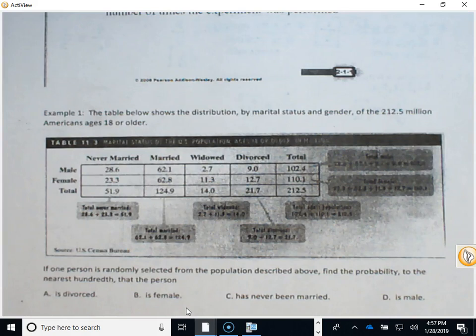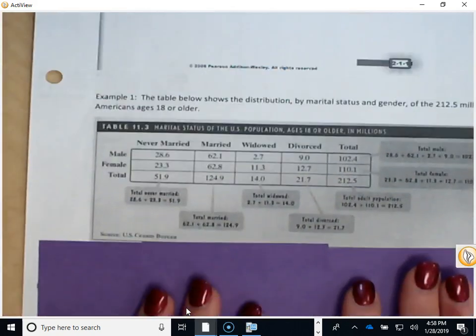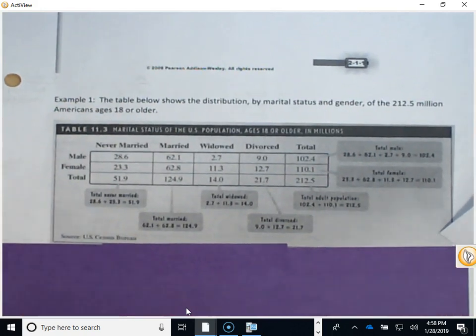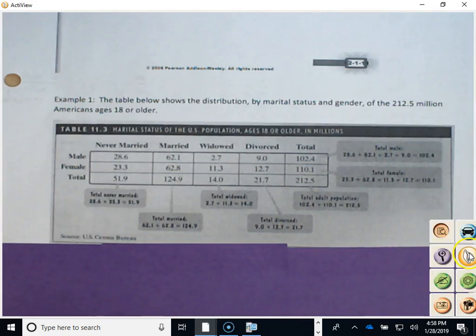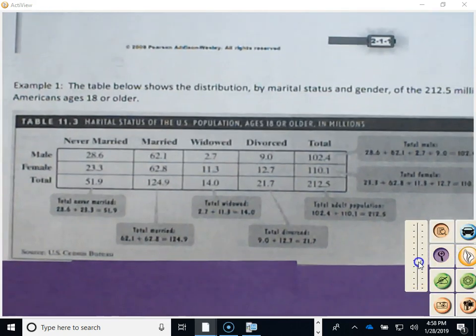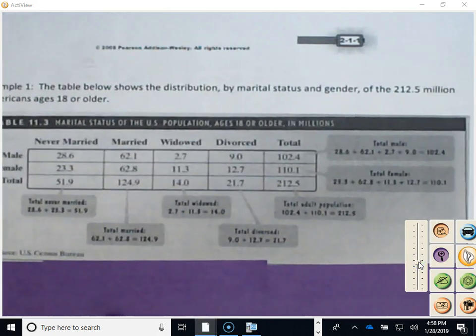Just bear with me, because it did not copy well. Okay, here's a better version. So if you're struggling to see it, I can zoom in a little bit too because the numbers are small. Okay, it's a little bit better.